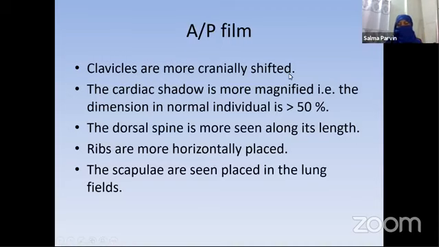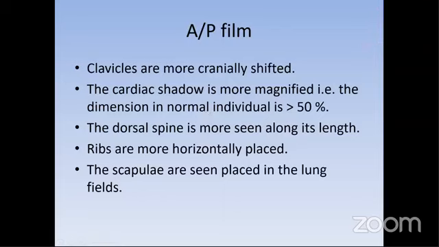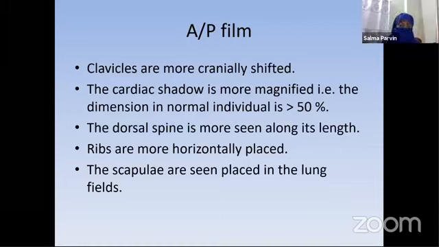So from this hazy film we can come to an AP film reading: the clavicles are more cranially shifted, and the cardiac shadow is more magnified. That is, the dimension even in a normal individual will be more than 50%. In the AP film, the patient lies on his or her back, and the heart, a structure of the anterior mediastinum, gets magnified because it is more distant from the cassette.